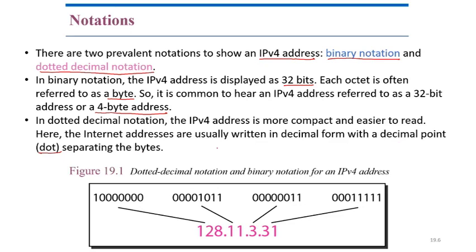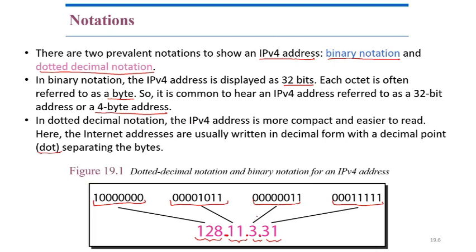In binary notation, there will be 4 bytes, and each byte will be represented by 8 bits: byte 1, byte 2, byte 3, byte 4. In decimal, each byte is represented by its decimal equivalent, and each decimal equivalent is separated by a dot. This dot is like a decimal point.